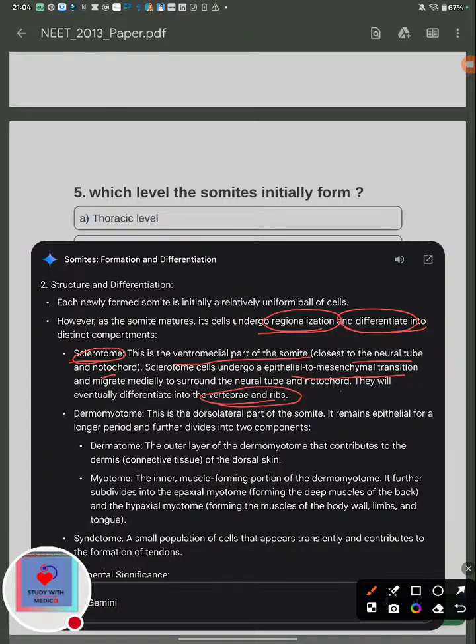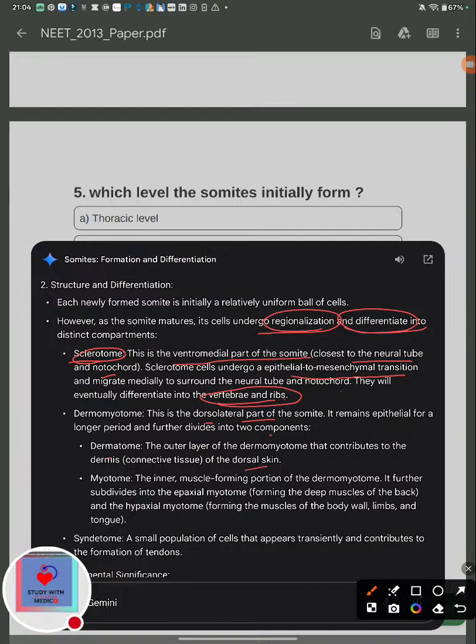Dermomyotome is the dorsolateral part of the somite. It remains epithelial for a longer period and further divides into dermatome and myotome. The dermatome is the outer layer of the dermomyotome that contributes to the dermis, the connective tissue of the dorsal skin.